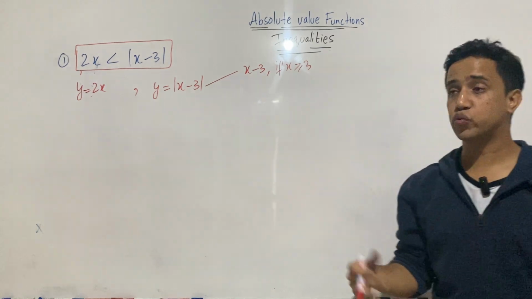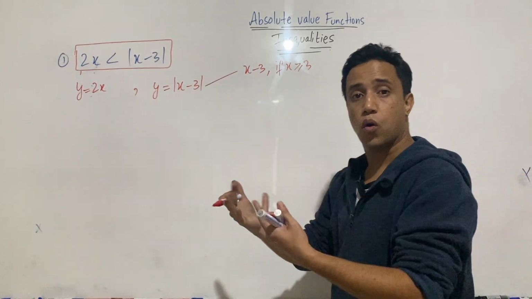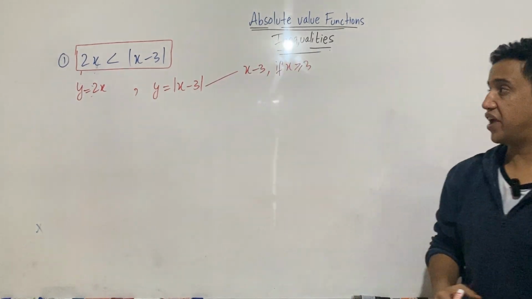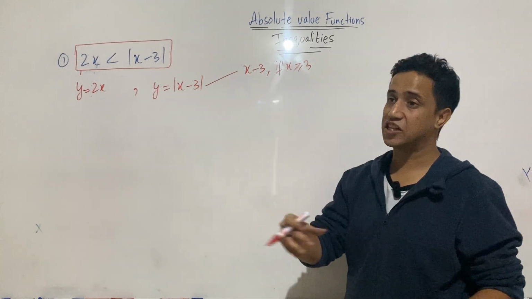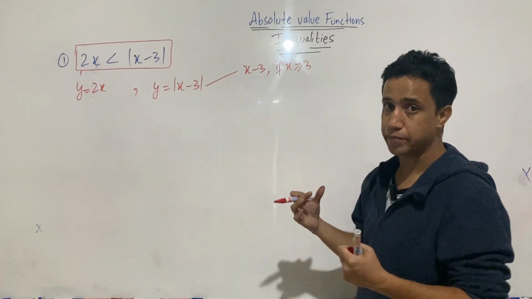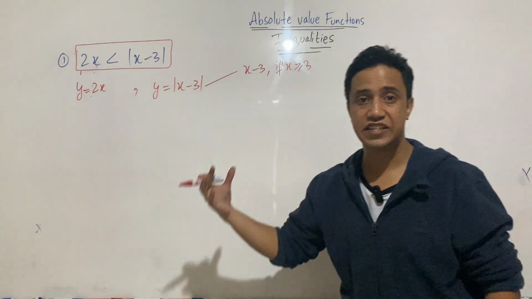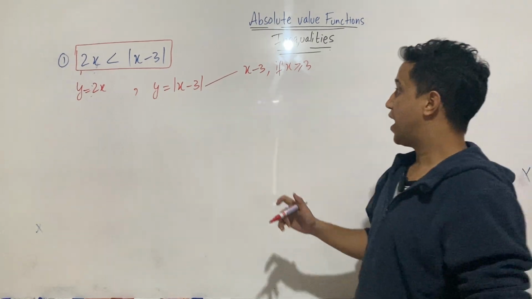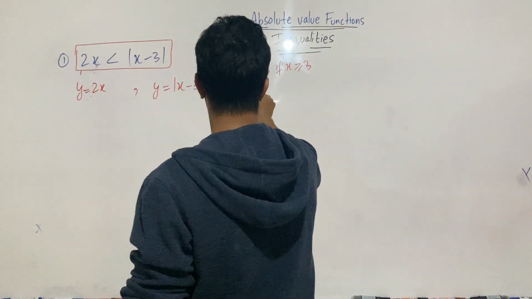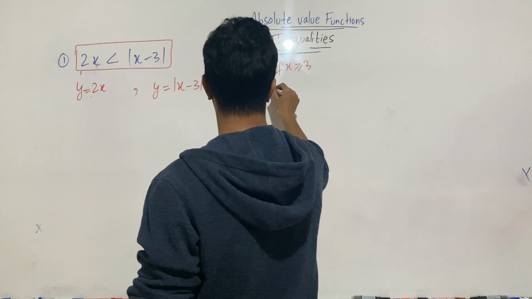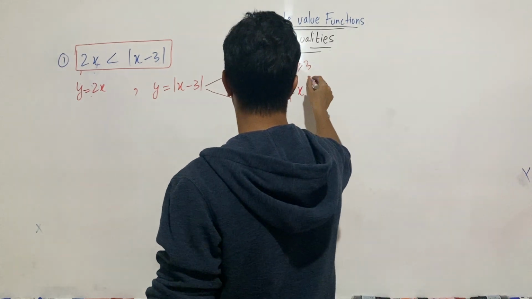First, we need to understand what inputs they are going to accept, and then based on those inputs or domain, we find the range. And here it will be minus of (x minus 3) if x is less than 3.